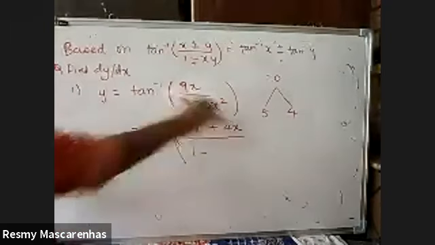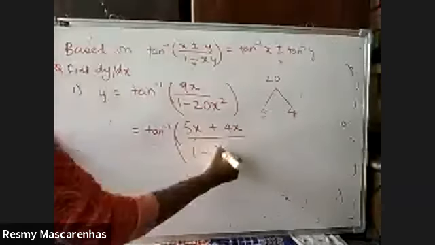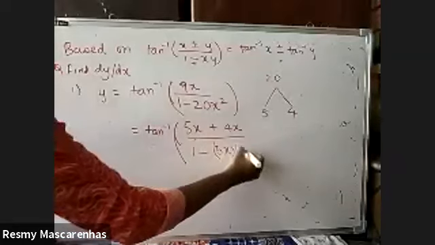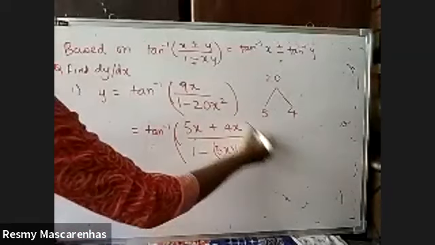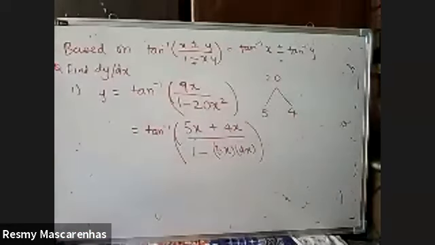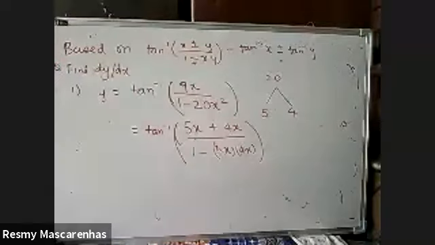See, now this is x square, so it will be 5x into 4x. 5 fours are 20, x into x will give me x square. So this is the way it has to be split.